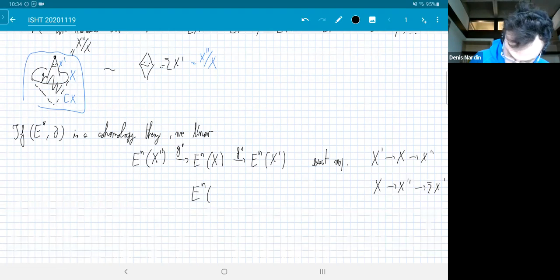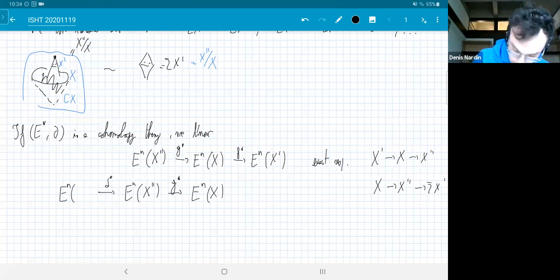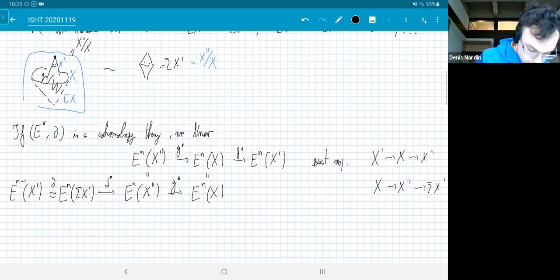x, still with G upper star, x and double prime, and then I have this weird map that I call the delta upper star from En of sigma x prime. This is the same, and remember we have our suspension isomorphism with En minus 1 x prime.